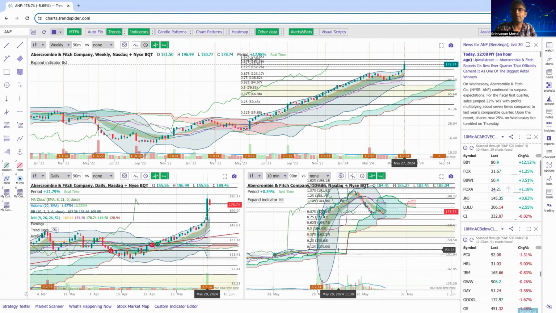Now, there are folks who enter in the beginning of the day. By the time I look into all the setups, I might be too late. But usually you've got to remember these times. At the beginning of the day, you will know the trend for that stock on that particular day.